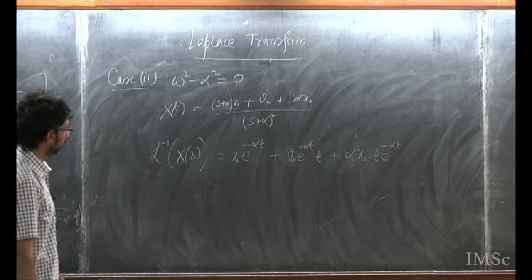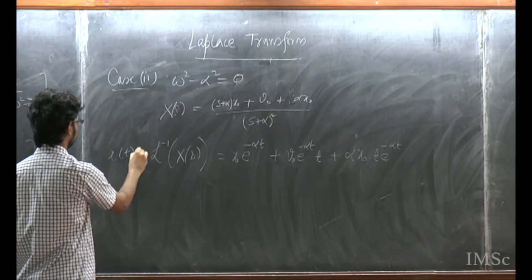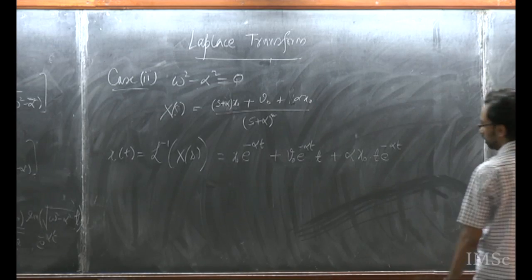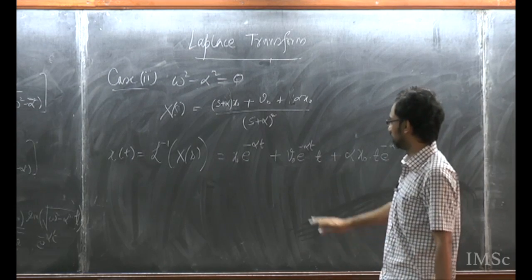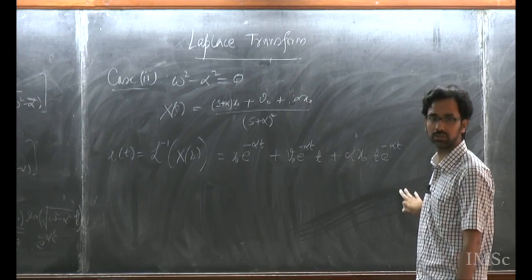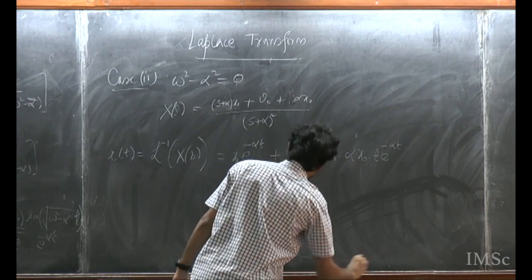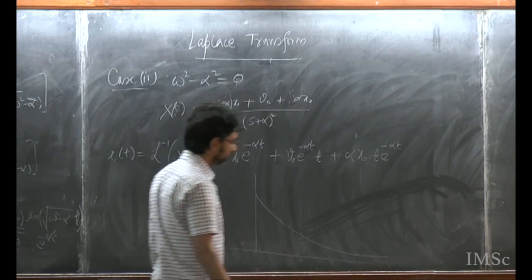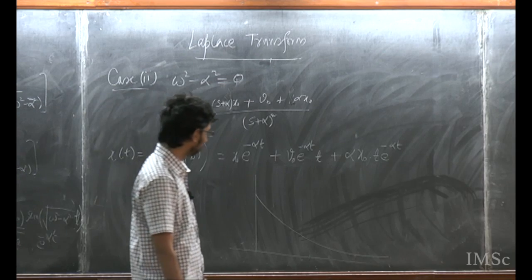Okay. So this is x(t). What is the behavior of the system in this solution? As t goes to infinity, all terms go to 0. Okay. So it decays like this. Okay.